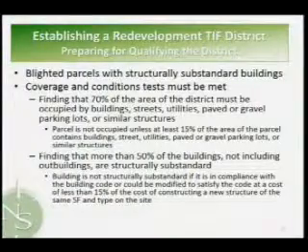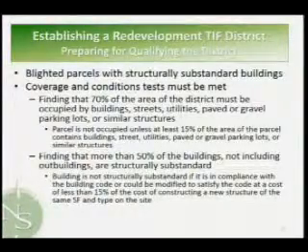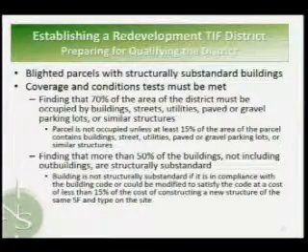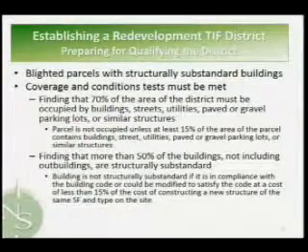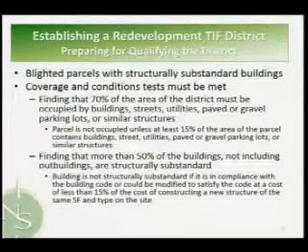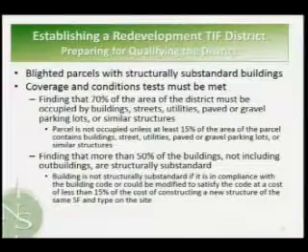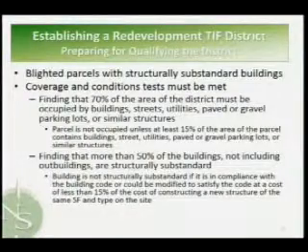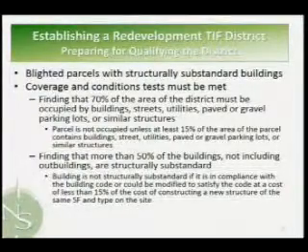You need to make a finding, and this should not be an issue because of the density of the downtown area, that 70% of the area of the TIF district is occupied by buildings, streets, parking lots, etc. A parcel qualifies if it has one of those conditions on at least 15% of the area. So that's the first part. I don't think it will be a challenge for downtown to meet. The second test is a finding that more than 50% of the buildings, not including outbuildings, are structurally substandard.